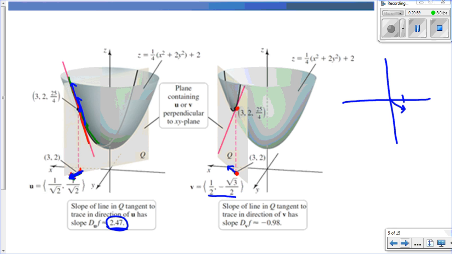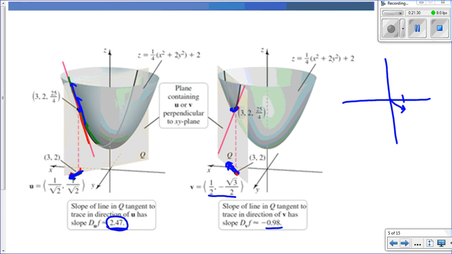And as you're moving in this direction given by v along that curve, you can see the z values actually decreasing. You're going downward at the rate of negative 0.98. So approximately negative 1 unit in the z direction for each unit that you're moving along this vector v.